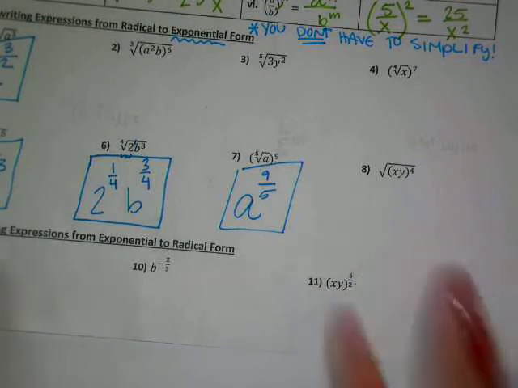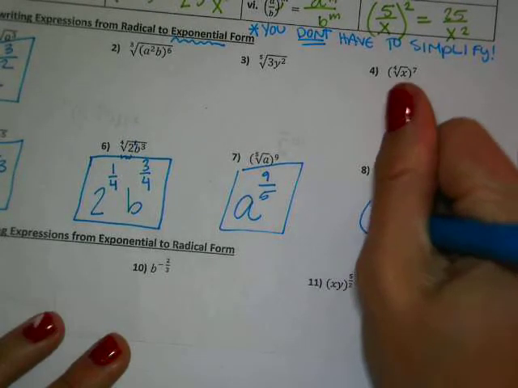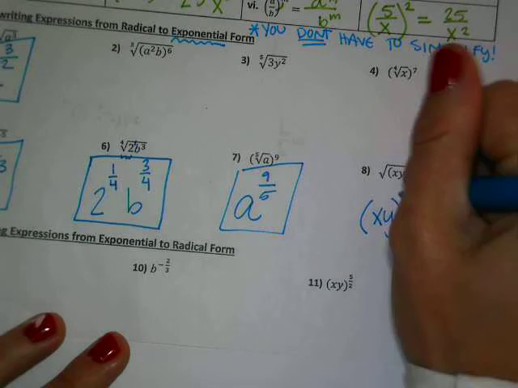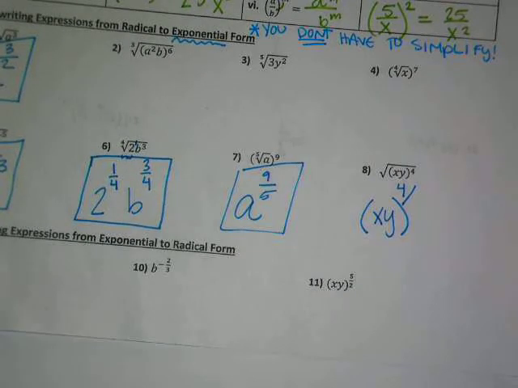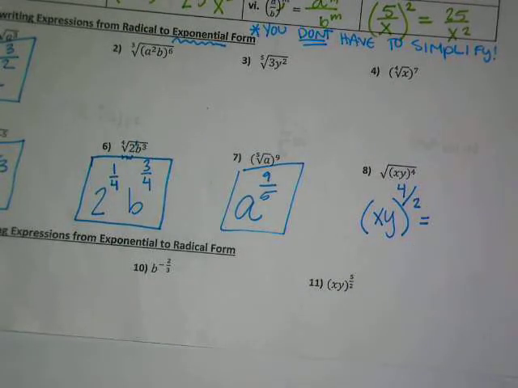Okay, on number 8, both of these have an exponent of 4, right? So you could distribute the 4 out if you wanted to, or you could just leave it in parentheses with the 4. And then what's my root there? A 2. So if you wanted to distribute, you could. If you left it like that, I'd be okay with that too.